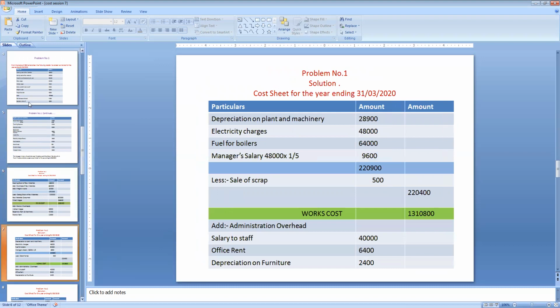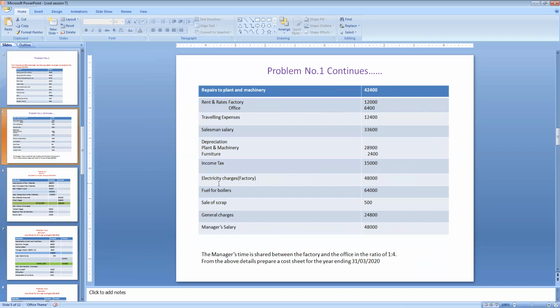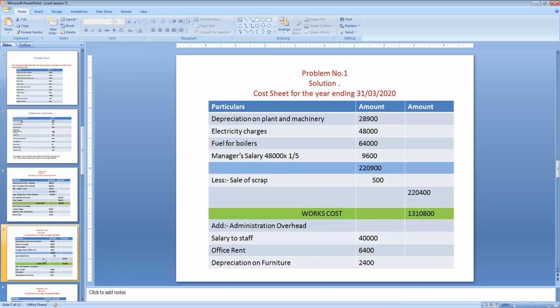And next is depreciation on plant and machinery, which belongs to the factory because plant and machinery are in the factory, that is 28,900, to be added to the factory overheads. Then the electric charges belonging to the factory, that is 48,000. This 48,000 has to be shown. And fuel for boilers, that is 64,000.